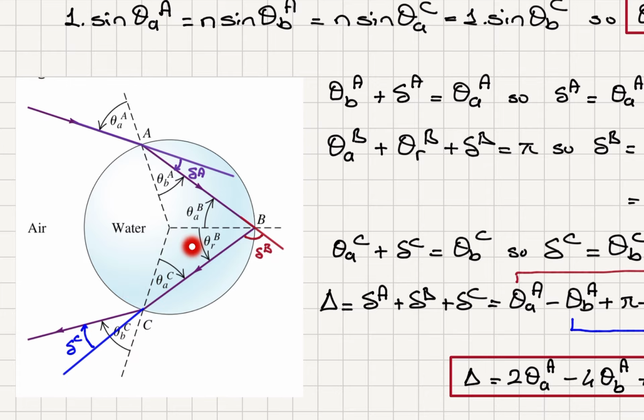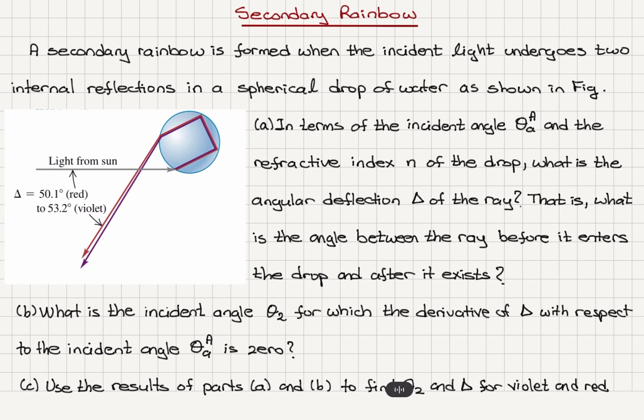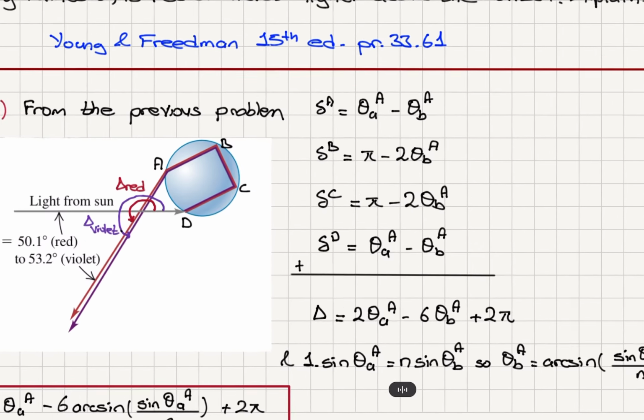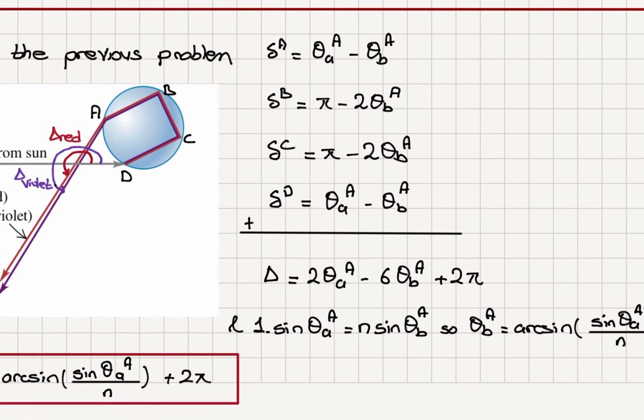So you would have the same situation for the angular deflection at point C. And at point D, I have the angle of incidence at point A minus the angle of refraction at point A. Exactly the same result I have obtained in the previous problem.